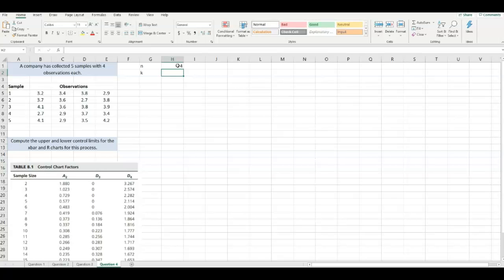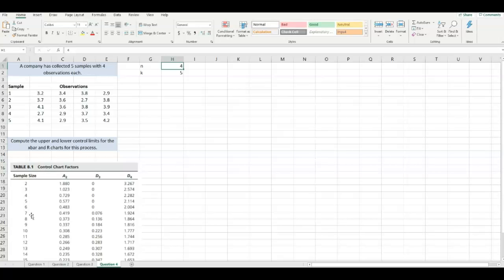Your K is your number of samples. So that's where we're interested in these 5. And why this is important is because when we need to use these constants down here from our control charts, we need to know what our N is, because we pick which constant we're going to use based off of our sample size.